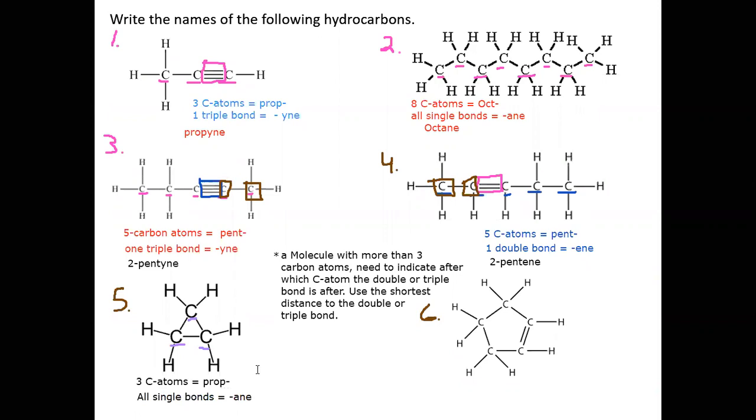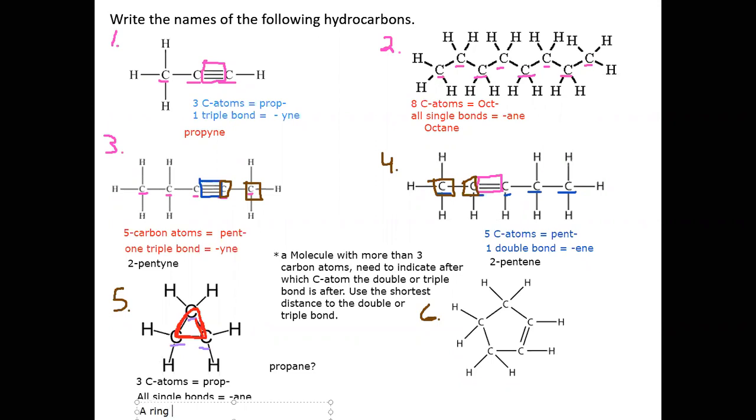But then if we wrote the compound, we would say propane, but this doesn't make sense. Because if it's propane, we looked at propane on the previous slide, and it was different looking than this one. So whenever you notice that the carbons form a ring, so see here they form kind of like a triangle, or any type of shape where they're all connected to one another, then you have to use the prefix cyclo.